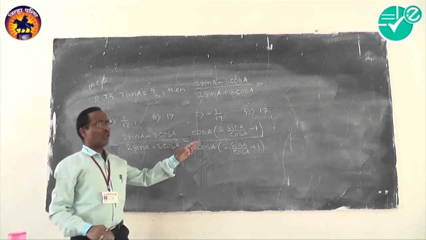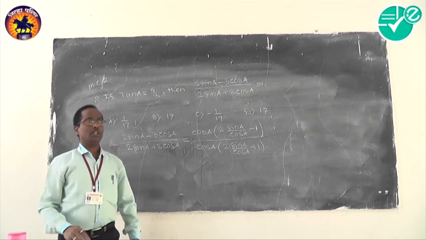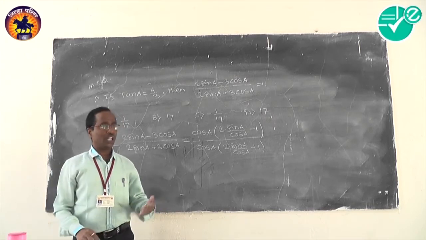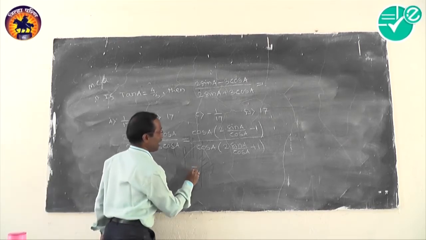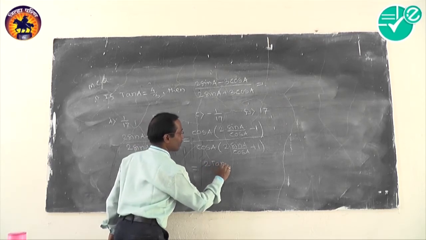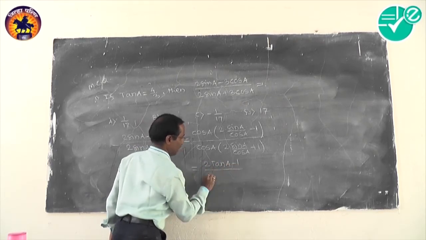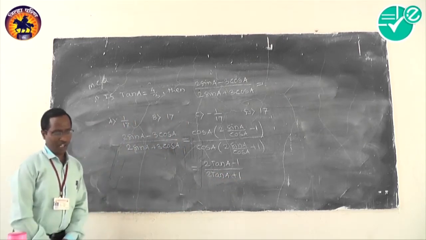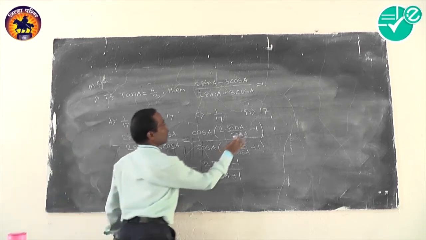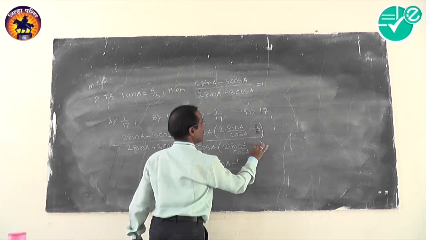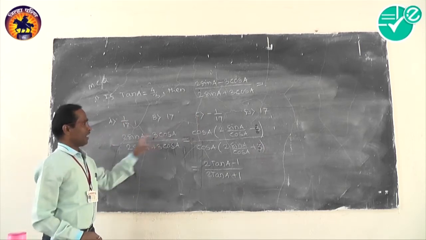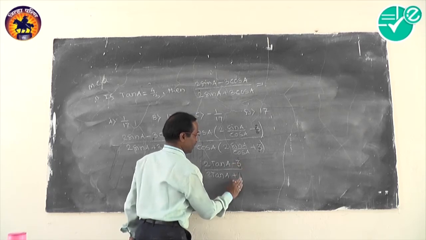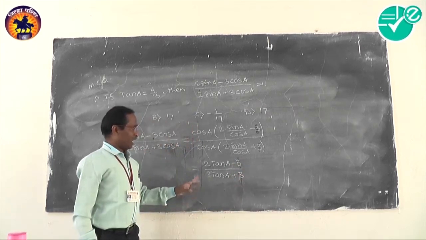Here this step is not necessary to write. When we solve an MCQ, we find the solution in minimum steps. So we get 2 tan A minus 3 upon 2 tan A plus 3.